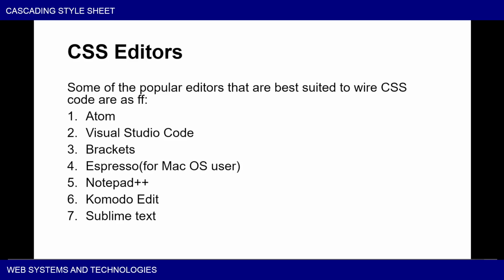Sublime Text is also good, but I think this has to be licensed first. Yes, I think you need a license with Sublime Text, but Visual Studio Code is totally free. So if I were you, if you would like to download and use a powerful editor, then I will pick Visual Studio Code.